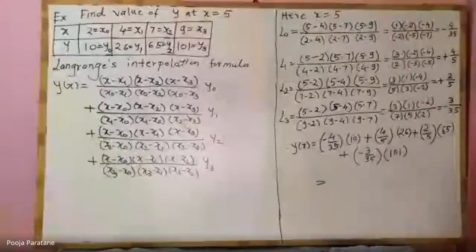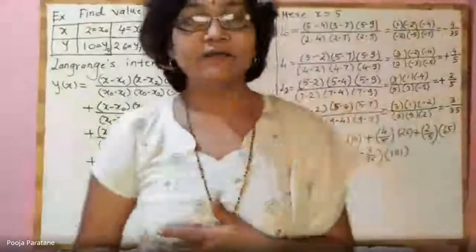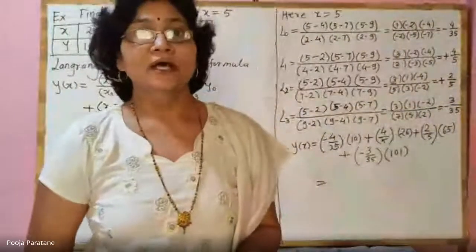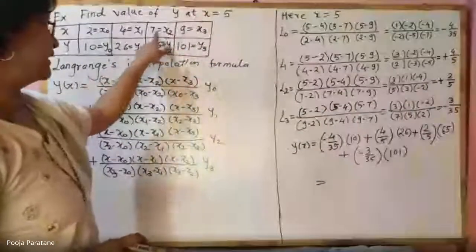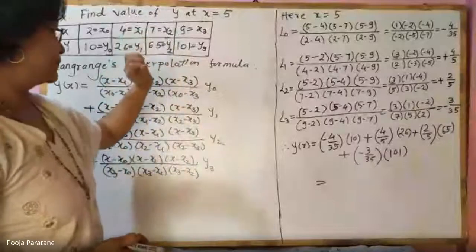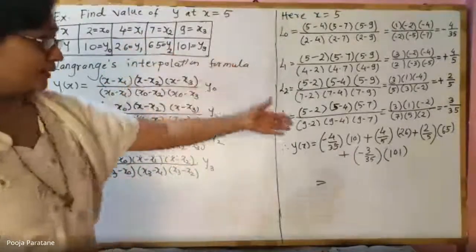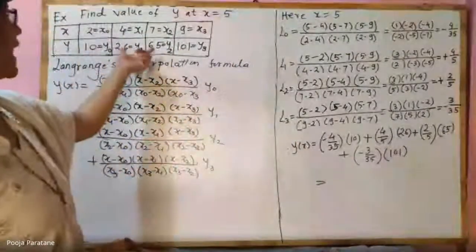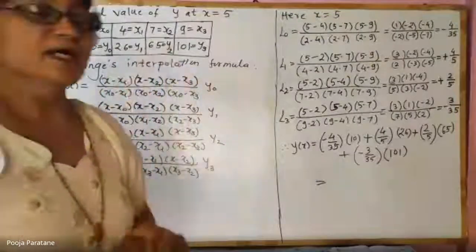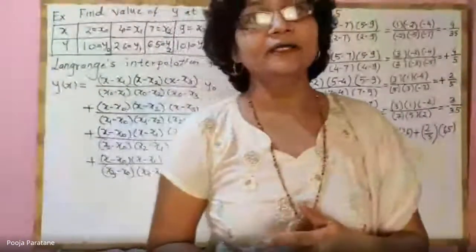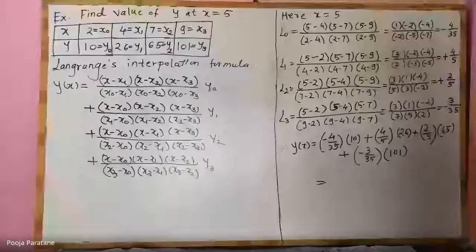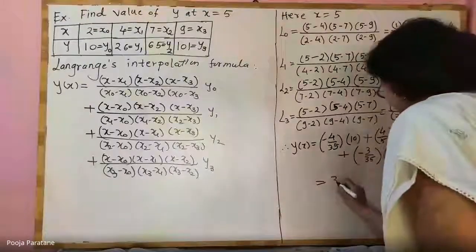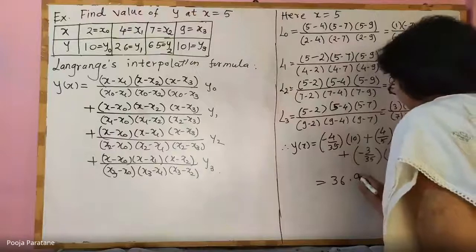And again, the same question is there: how to verify whether our answer is correct or not. So here at x equals 5, where does 5 lie? 5 lies between x1 and x2. So whatever value of y you get here should lie between 26 and 65. If it lies between these two values, then you can assume that your answer is correct. And if you calculate it, you get nearly 36.97.